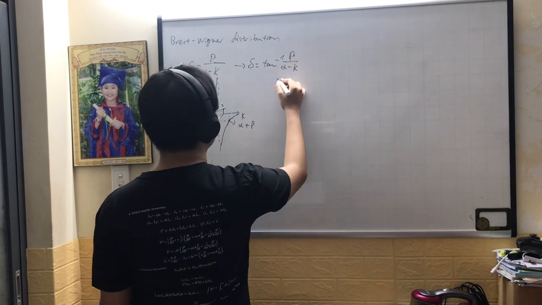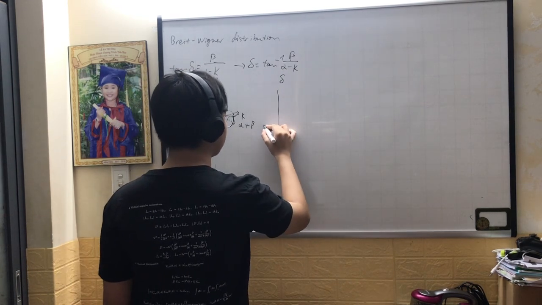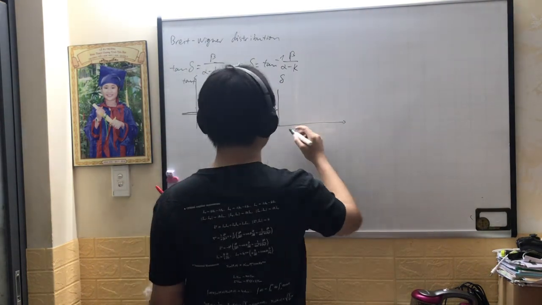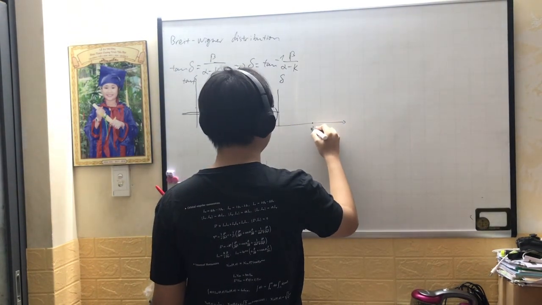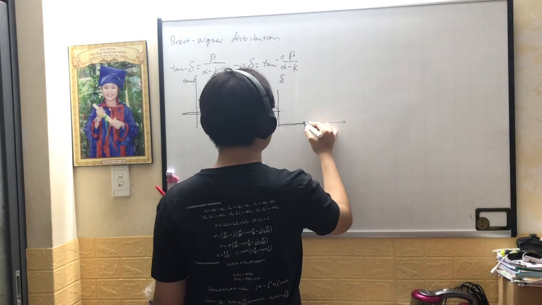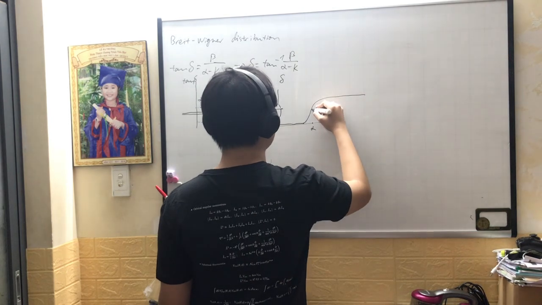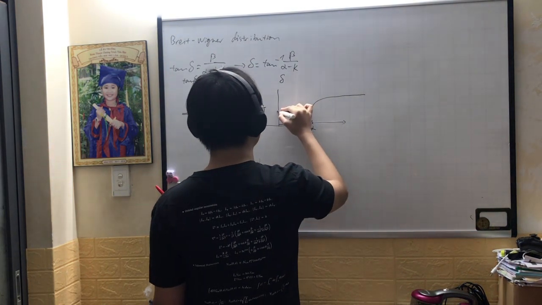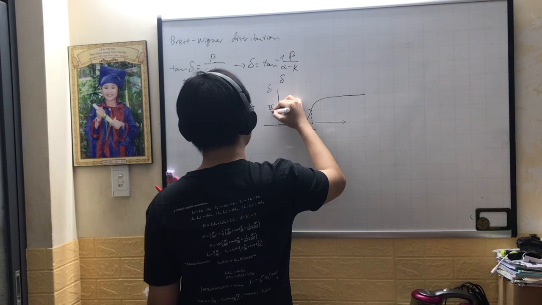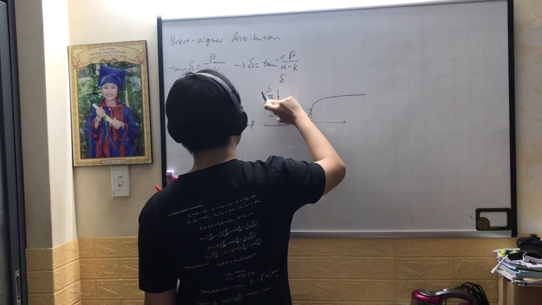Now take a look at our delta. So our delta would be something like this at this point alpha. It's gonna go this, then suddenly jump up, and this point is where it hits the value pi over 2, and this would be pi here.